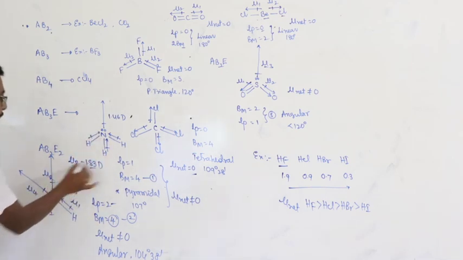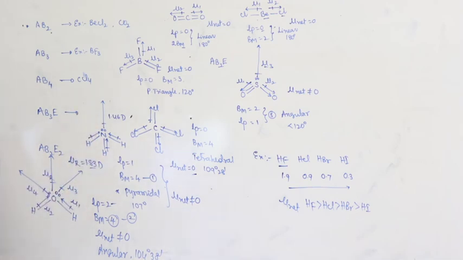Greater the number of lone pairs, greater will be the dipole moment. This is about the determination of shape or geometry of the molecules, and we have already given the reasons for the deviations of the bond angles and also geometries of the molecules. Right.